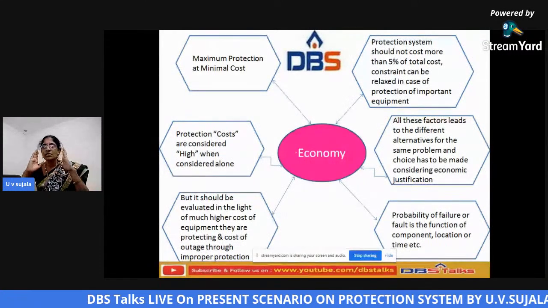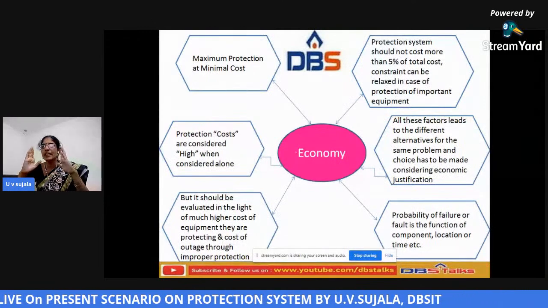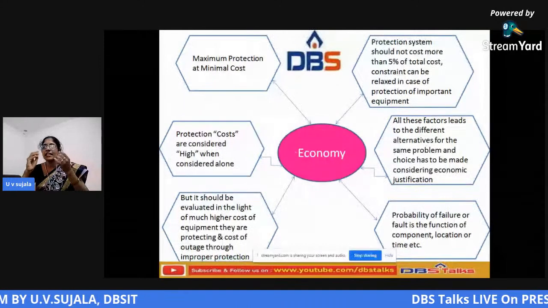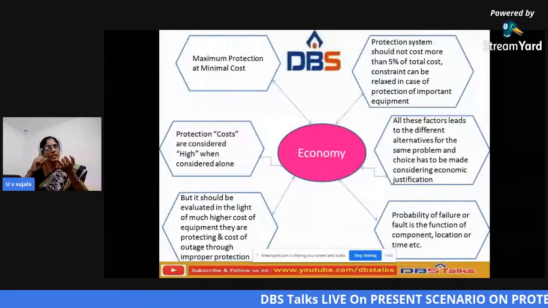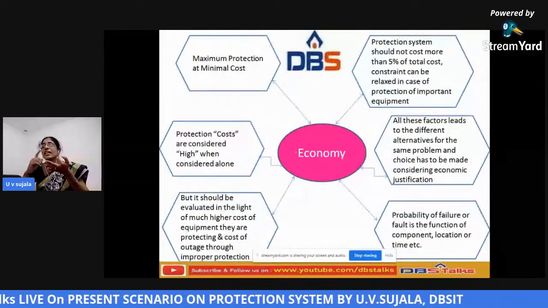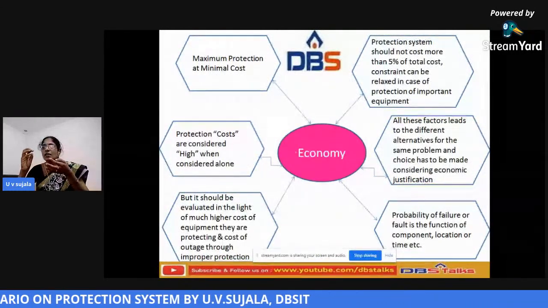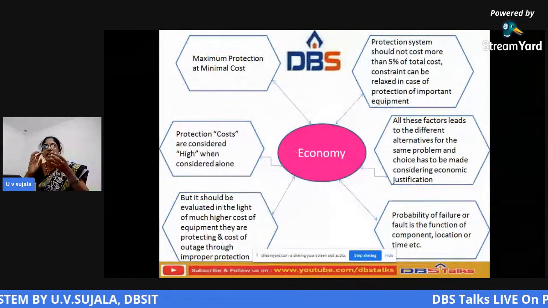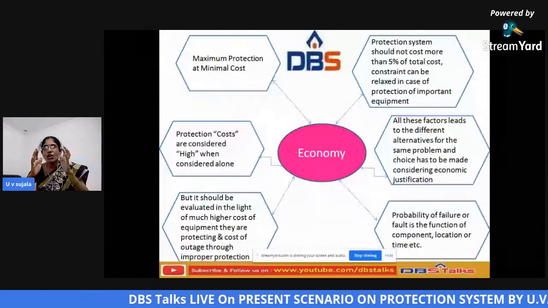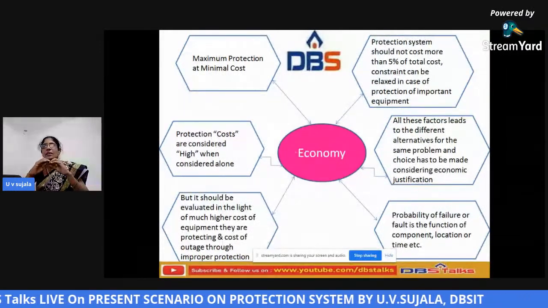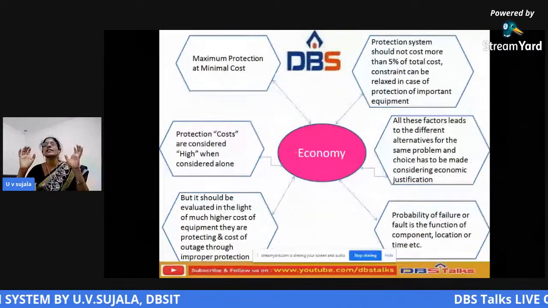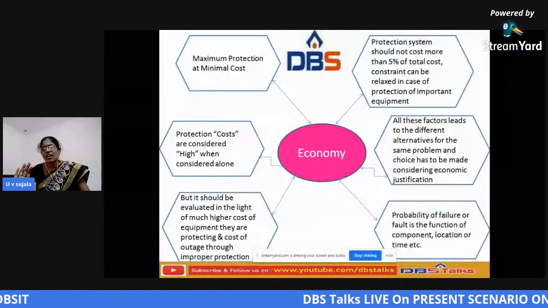Whenever we take the devices, they must be reliable, economical, and fast, and the devices must be selective. Whenever a device is selective, it selects only that part and isolates only that part, so it does not touch the healthy part. These are the essential qualities.